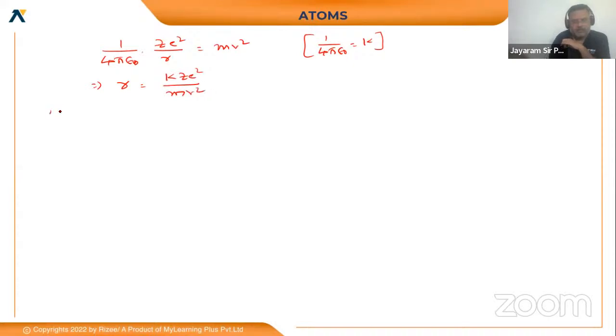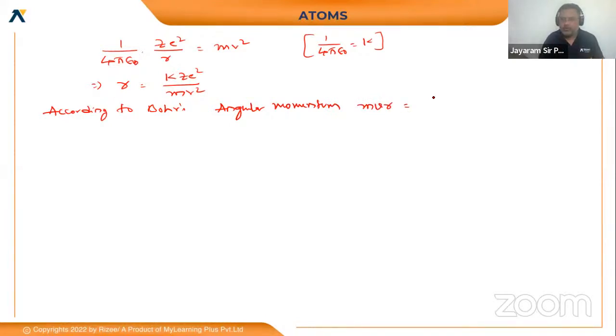Now, according to Bohr's, the angular momentum of an electron, mvr, m into velocity into r, is equal to nh by 2 pi.